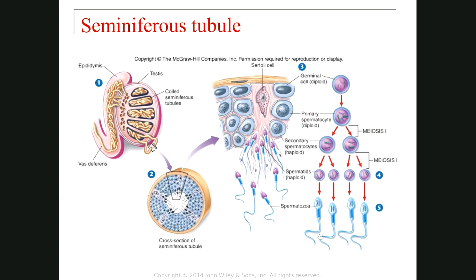You know that the sperm is a cell which contains a flagellum, and this flagellum helps the sperm to swim. So we need some changes in the shape. This change is called spermiogenesis, and I will talk about it in the next slide.